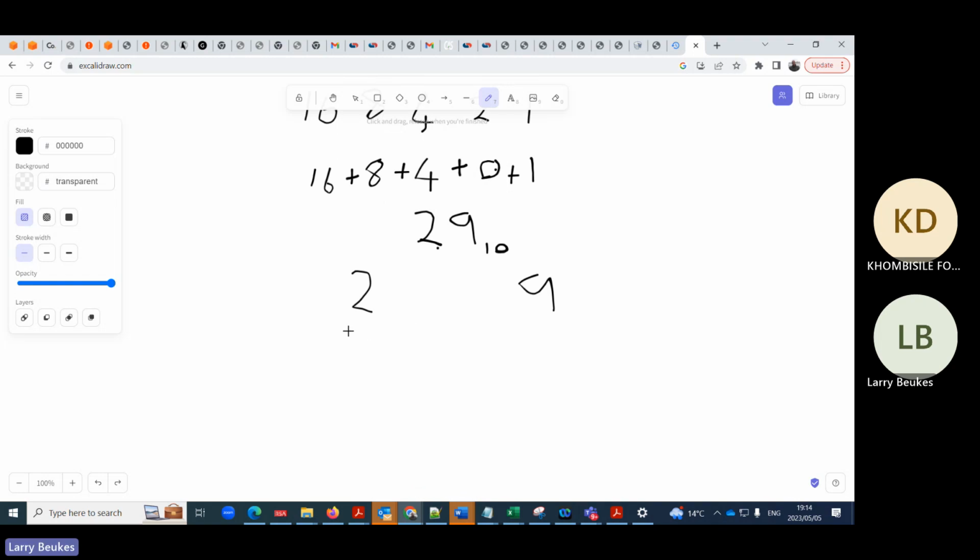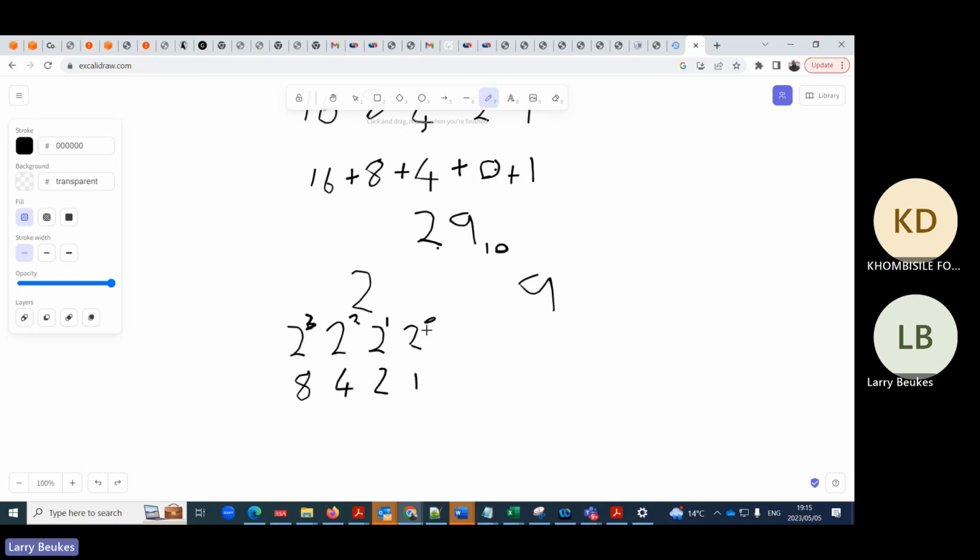Obviously you can write 2 to the power 0, 2 to the power 1, 2 to the power 2, 2 to the power 3. Let's just write it so that the ones who don't understand can follow the same principle. We know this is 1, 2, 4, 8.